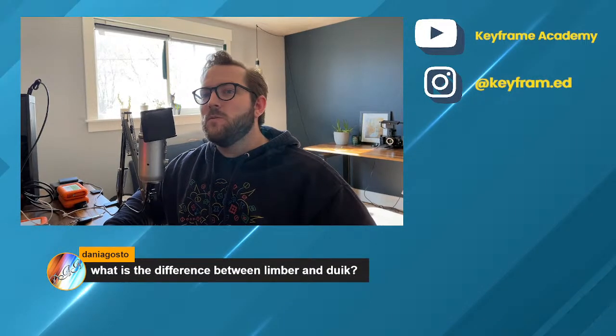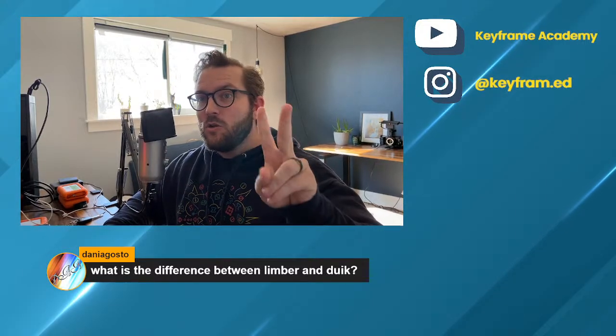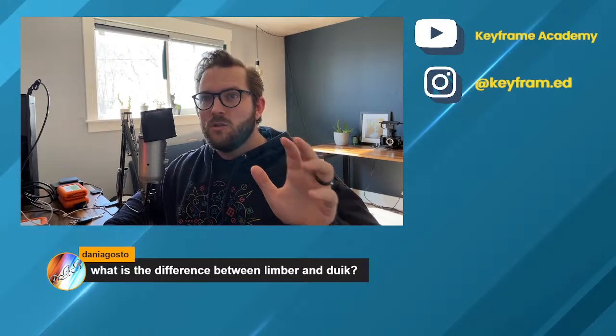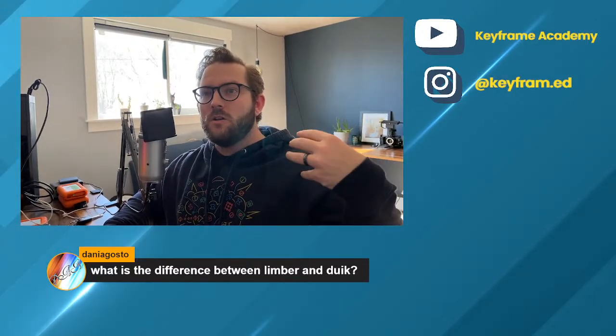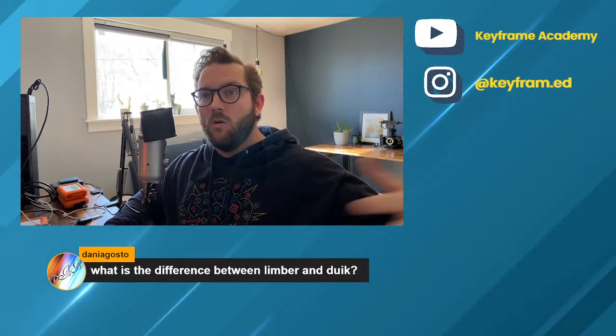What is the difference between Limber and Duik? Well, first, the biggest difference is that Limber actually creates a workable limb for you. So you hit a button, you get 3 layers, you get 2 control layers that control the top and the bottom, or both ends, of your limb. So, for example, if you want to create an arm, you have a controller for the shoulder that you can parent to a torso layer or whatever.